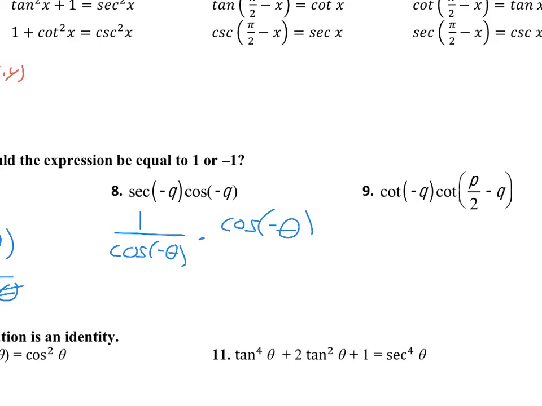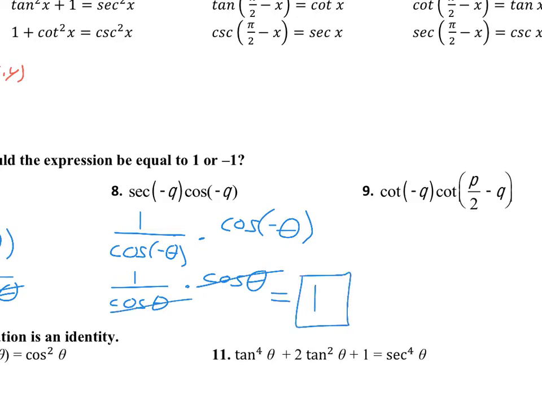So the x-coordinate, when you go from quadrant 1 to quadrant 4, stays the same. So cosine of negative theta equals cosine of positive theta. And these cancel out, and we get 1.